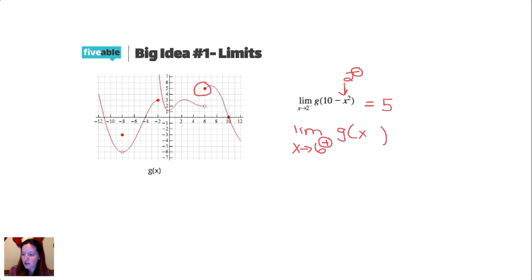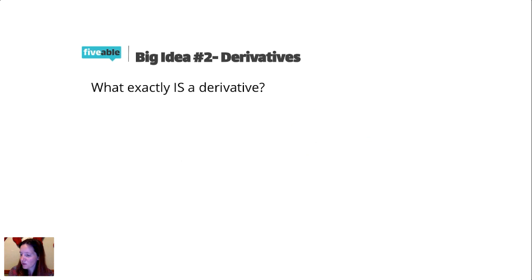All right, let's move on to derivatives. Whew, finally, okay. The big thing that we need to walk away with from derivatives, and we're going to talk about all kinds of derivatives in the next half hour, is that derivatives are basically slopes, right? In Algebra 1, we learned how to find the average rate of change between two points, mostly with lines, but we could find it for other things.